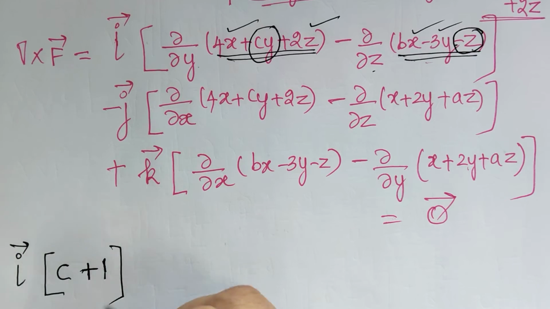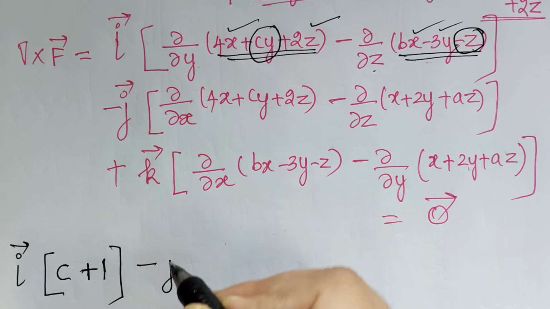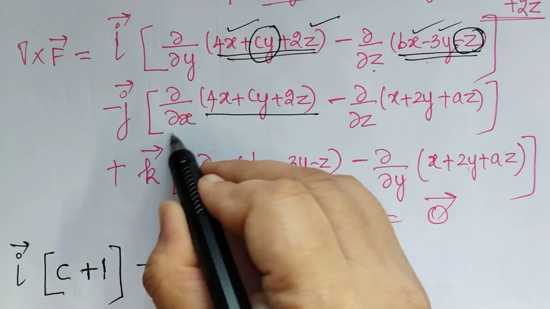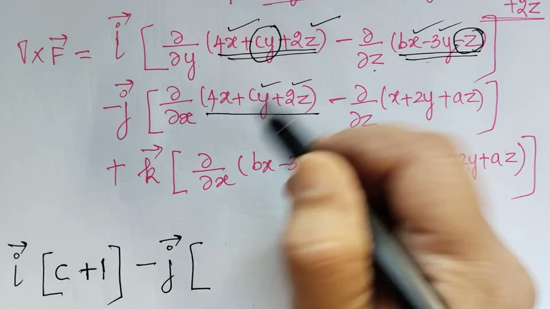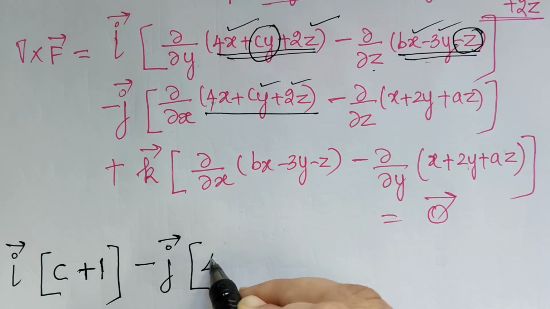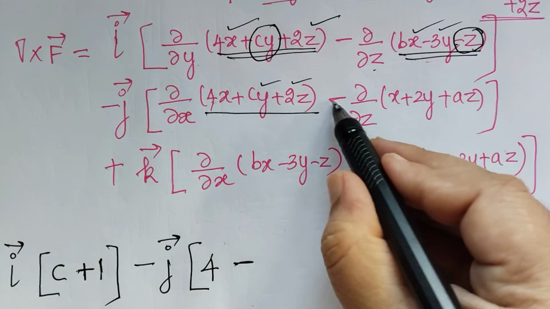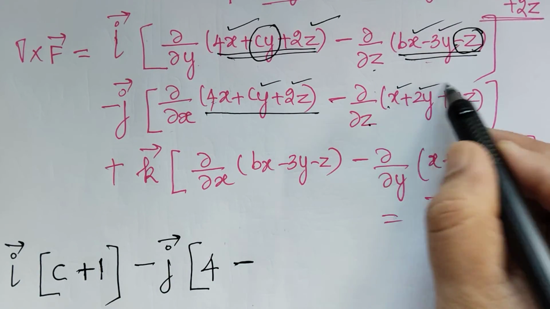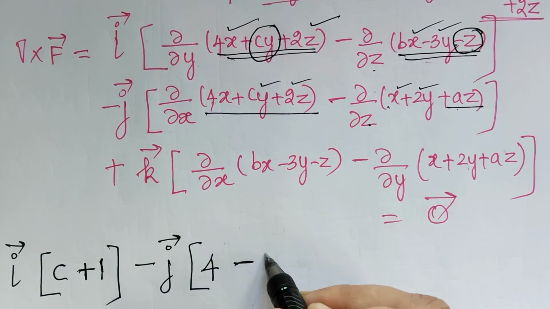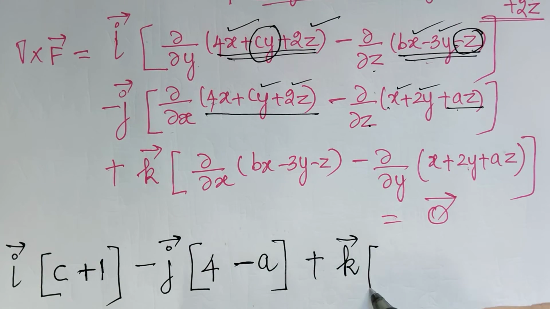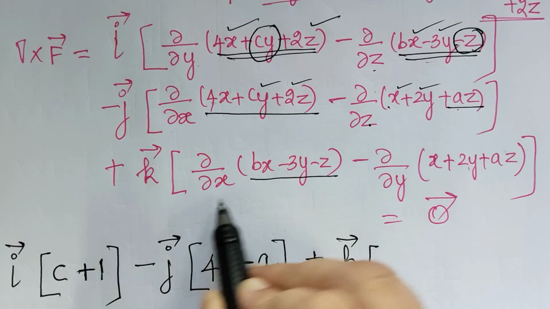So c plus 1, minus j vector multiplied with partial differentiation of this with respect to x. So this will be 0, 0. For x it is 1, so 1 into 4. So it will be 4 minus, and here we have partial differentiation with respect to z. So 0, 0. So this will be a. So 4 minus a, plus k vector multiplied with partial differentiation of this with respect to x.